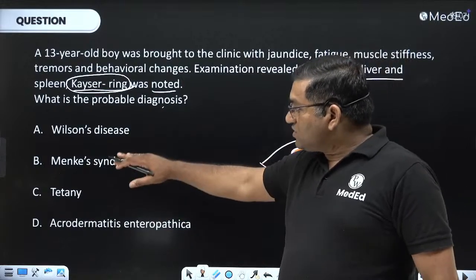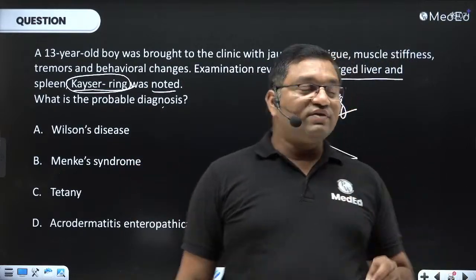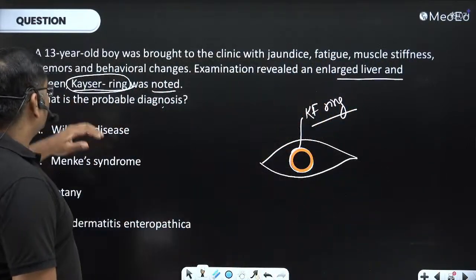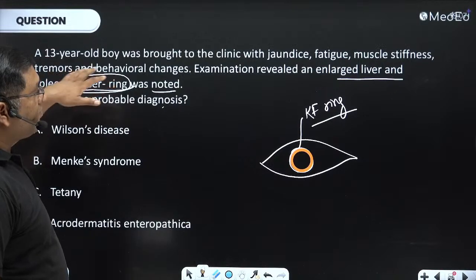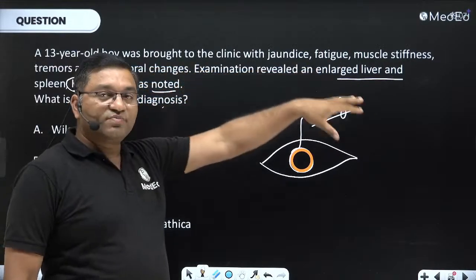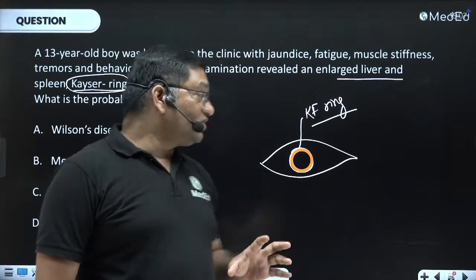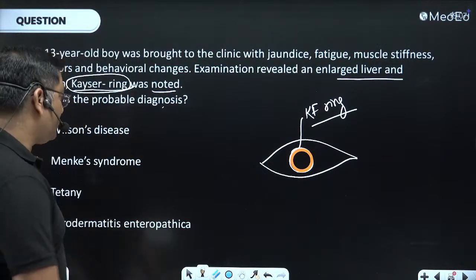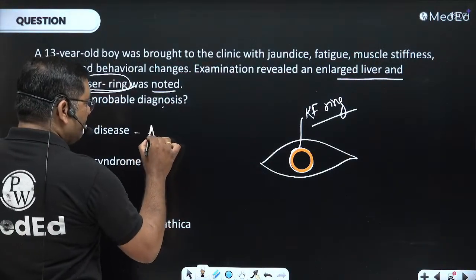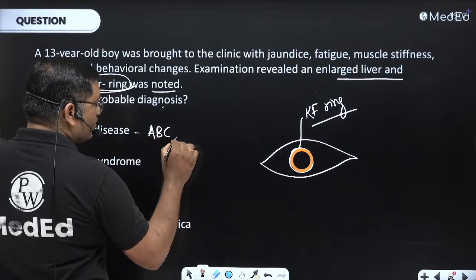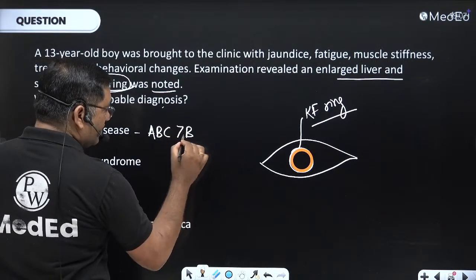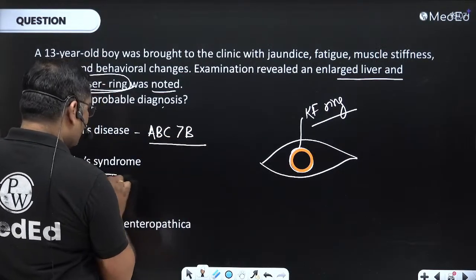So Wilson's disease and Menkes disease are related with copper metabolism. These behavioral changes, tremors, jaundice, fatigue, muscle stiffness are features of copper excess in Wilson's disease because of mutation in ATP binding cassette transporter 7B, and this is Menkes disease.